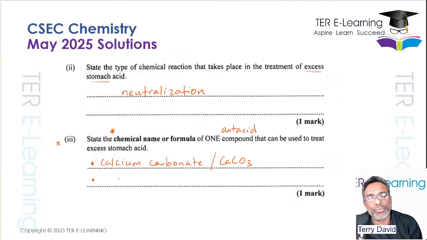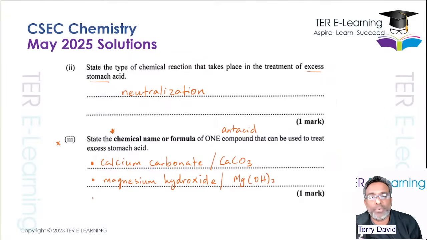Also, we can use magnesium hydroxide. You find this in milk of magnesia. So this here is Mg(OH)2. That's a possibility.